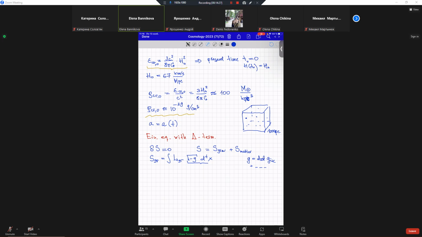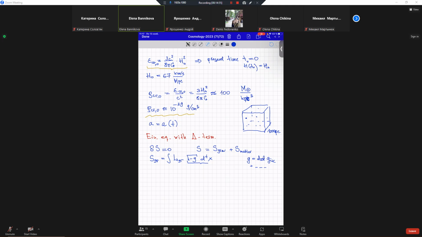The main problem and the main goal is: what exactly is this Lagrangian density? What do we need to put in our equation to satisfy the condition that the final equation must work in any reference system?